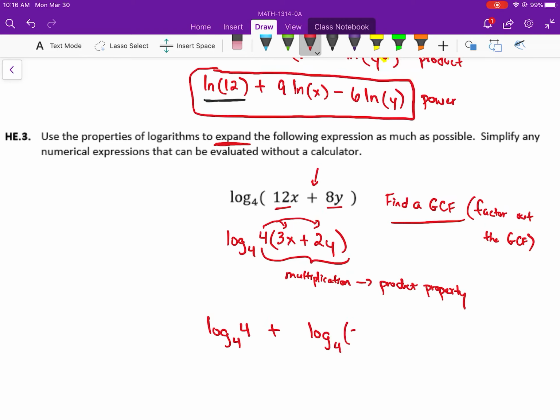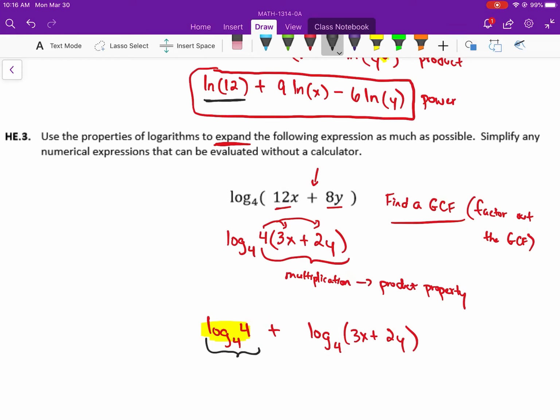All right, so we have log base 4 of 4 plus log base 4 of (3x plus 2y). Now I have to look at this carefully to see if there's anything else I can simplify here. I want you to look closely at this down here at the front. Can I evaluate that without a calculator? Can I solve that mentally?